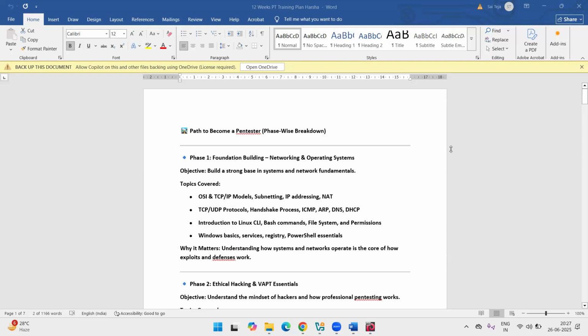But fresher roles are also there. You can get into SOC roles, you can start as a vulnerability assessor, or as a junior penetration tester. These roles are especially for freshers. But you need to build a solid resume with all your skills, certifications, and the kind of labs that you have done.